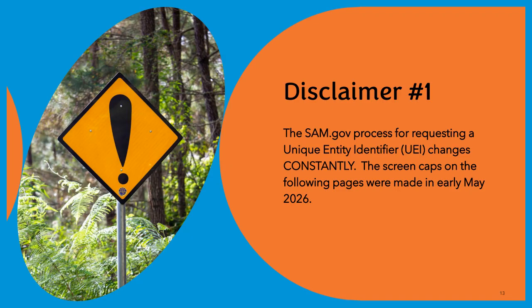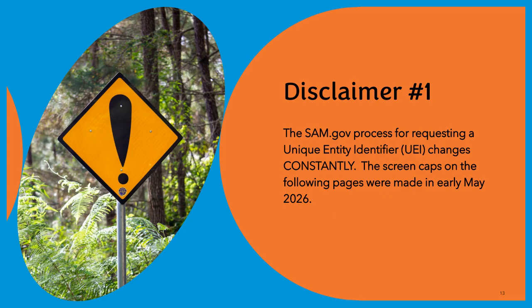So just a quick disclaimer that SAM.gov changes the pages for requesting a unique entity identifier on a regular basis. Honestly, the reason I haven't done this training sooner is because the system was constantly undergoing changes. So I made screen caps about this process in early May 2026.